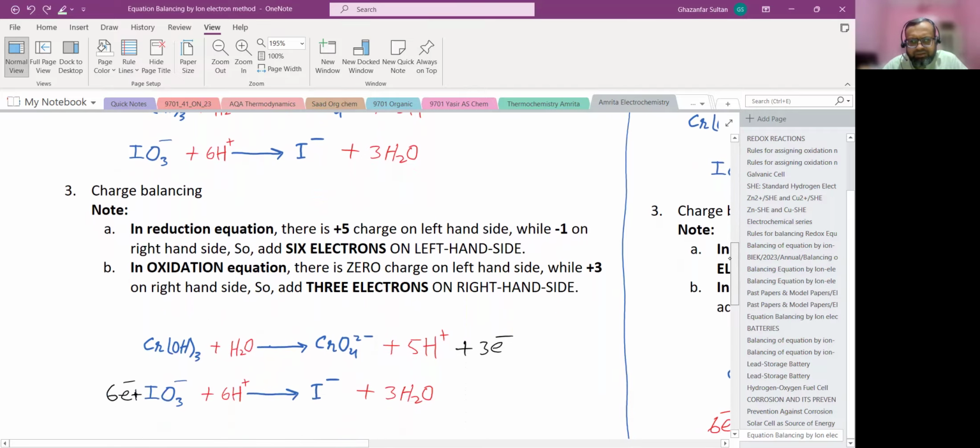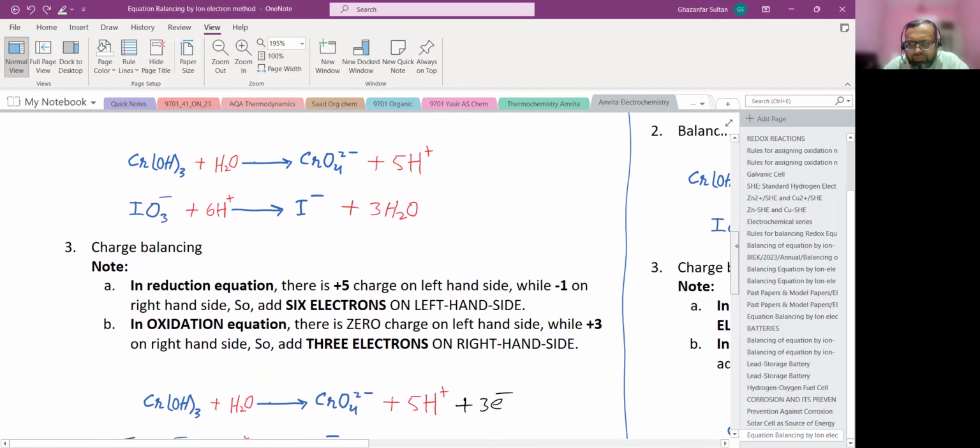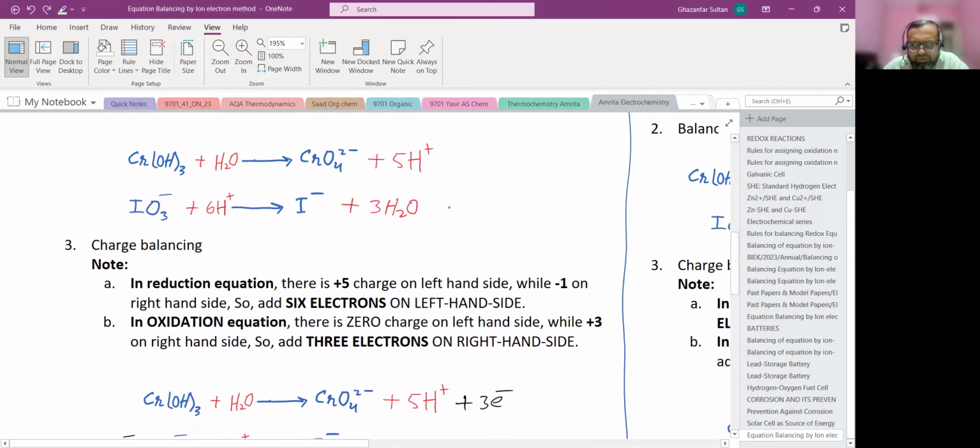Now, charge balance. If you see the reduction equation, this is the reduction equation, and the above one is the oxidation equation, as we have already mentioned in the first step. So in the reduction equation, the second one, there is a +5 charge on the left hand side for iodine. Why is it +5?